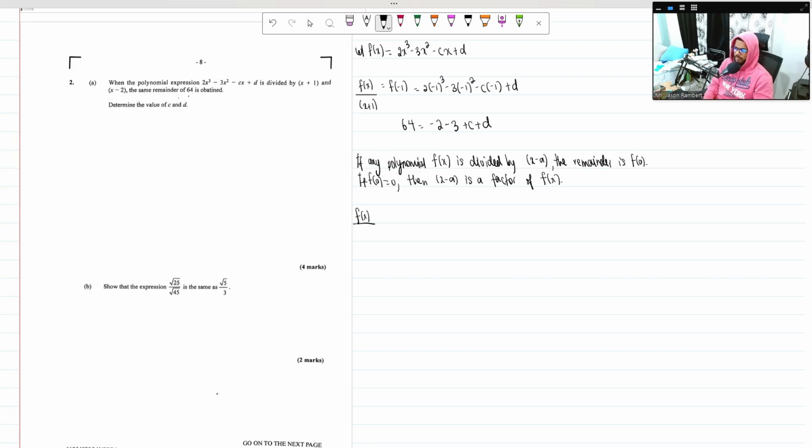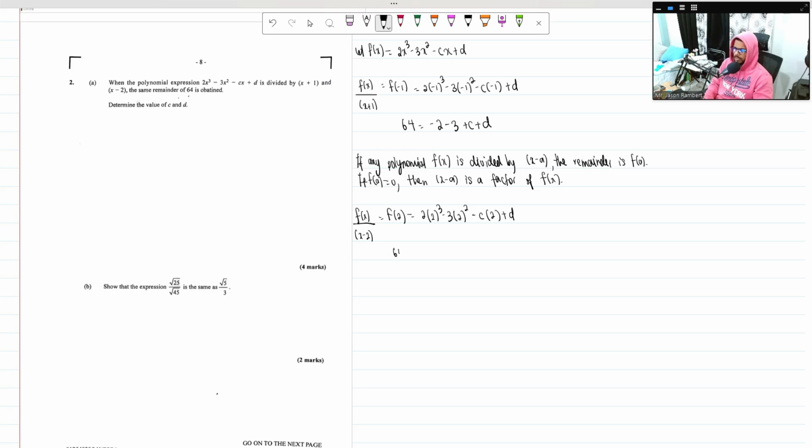Next, f of x divided by x minus 2 is equal to f of 2, which is equal to 2 into 2 cubed minus 3 into 2 squared minus c into 2 plus d.